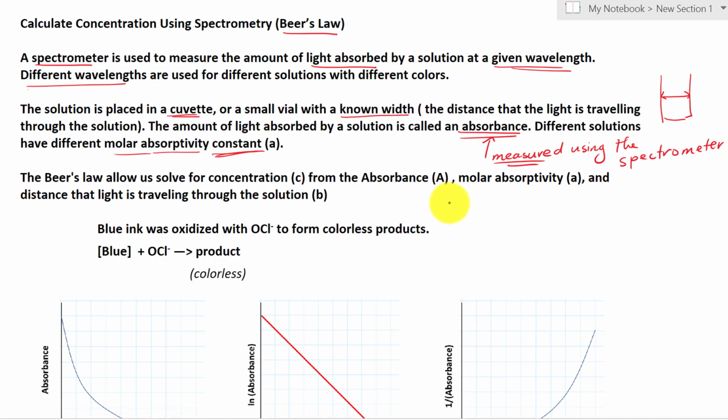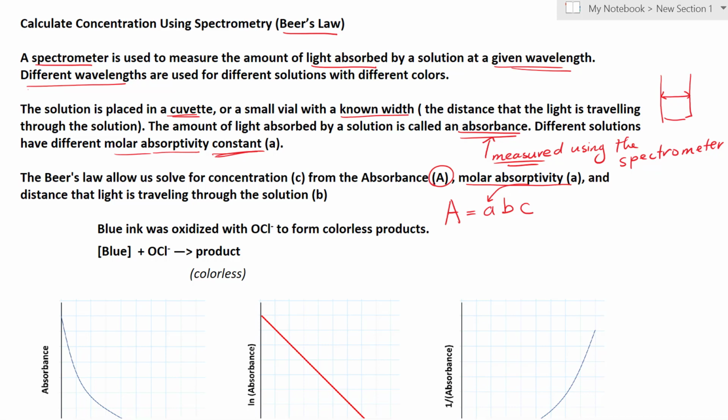The Beer law is basically capital A, which is your absorbance, equal to a, b, c. Now, what is a? Little a is your molar absorptivity constant, and this stays the same for the same substance. So if you are measuring the same substance, the molar absorptivity would not change at all. Keep that in mind.